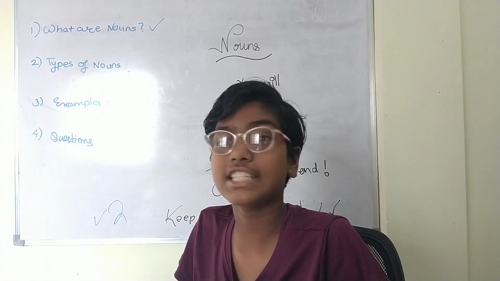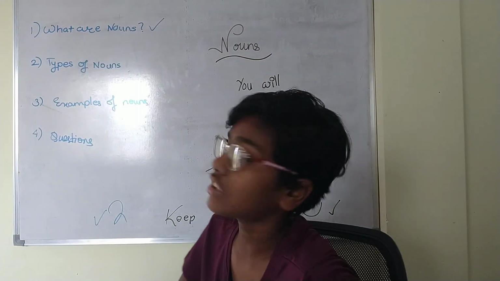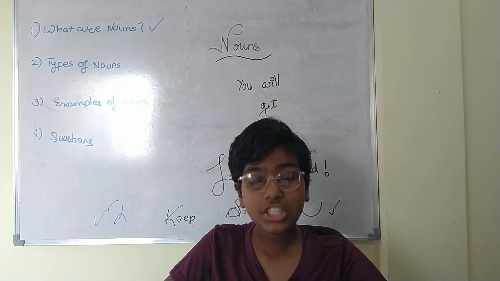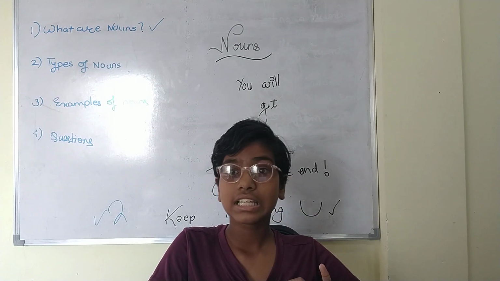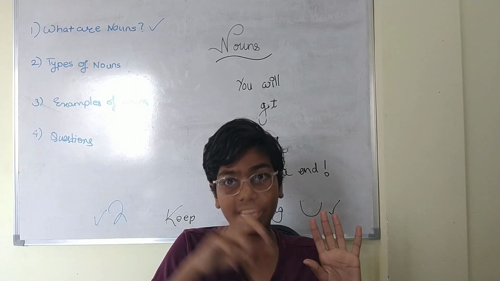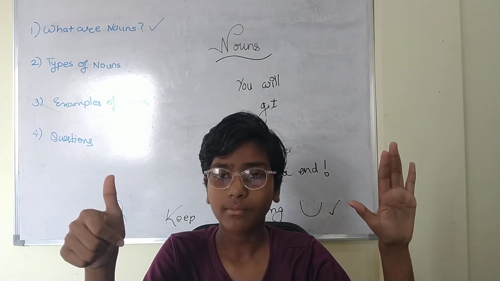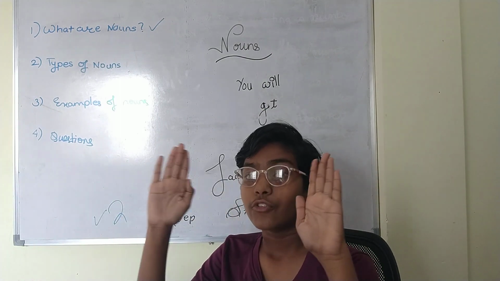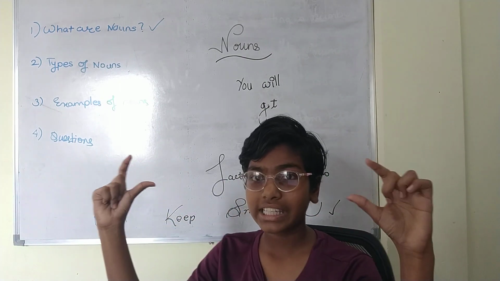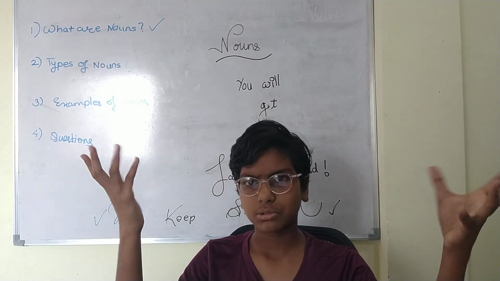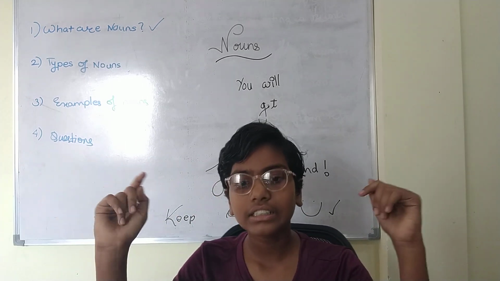So first we will understand what nouns are. So what was the definition? Nouns are the names of persons, places, animals, things, qualities, ideas, feelings, etc. So etc. means that anything can be added as a noun that names everything or anything, right?